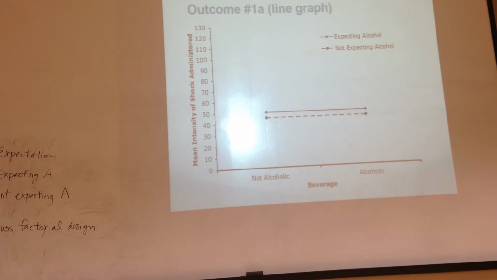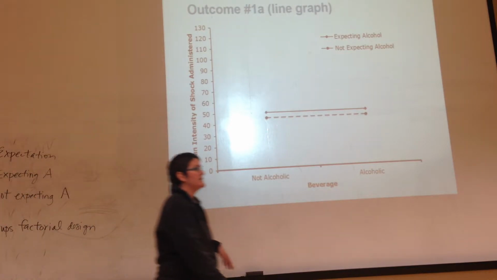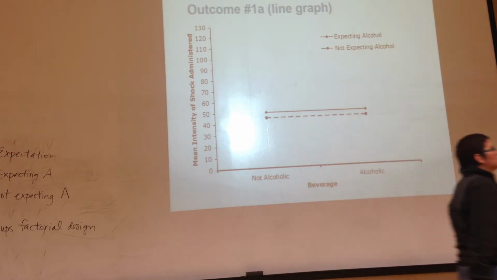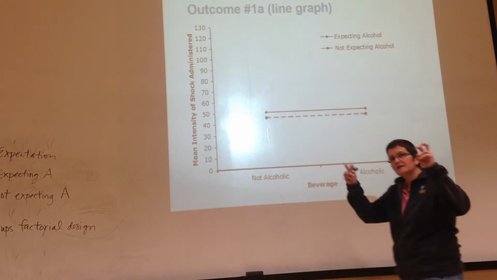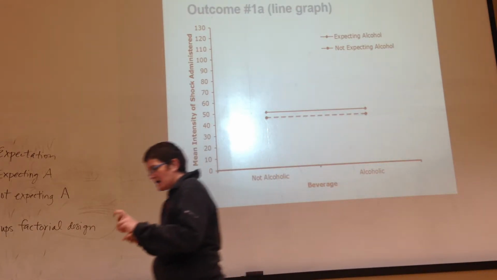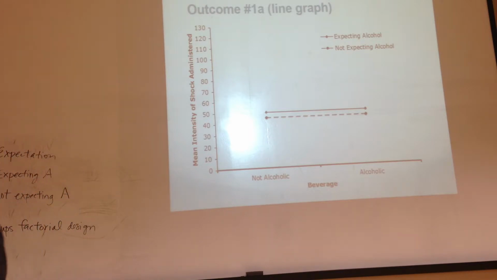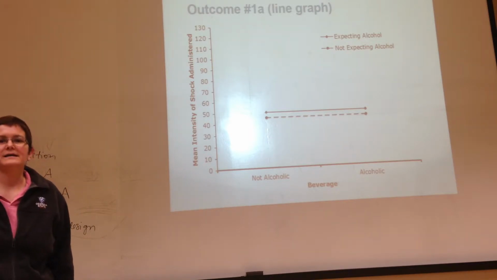So we've got a 2 by 2 random groups factorial design, with one variable being beverage type, the other being expectation, and our dependent variable is intensity of shock. People were given a beverage, they drank a certain amount, and then they were given the opportunity to shock, although not really shock, a confederate they thought was a real person who was making mistakes like spelling words.